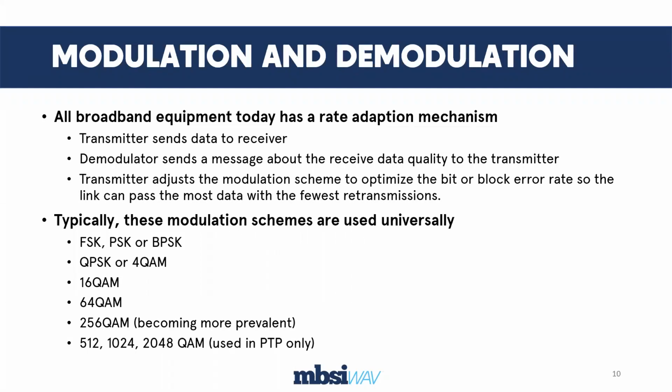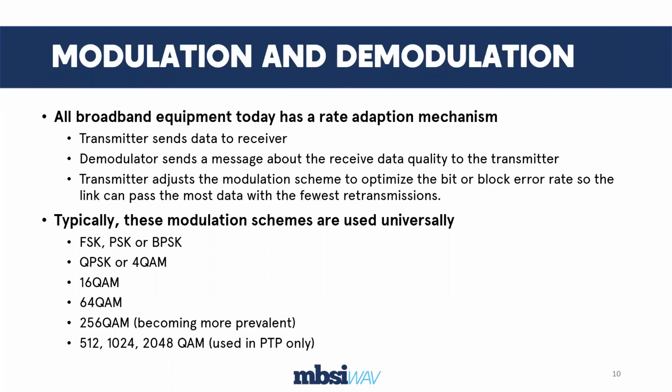Typically, though, these days we're doing what's called quadrature amplitude modulation. What this means is that we have a number of different states. For example, QPSK or 4-QAM has 4 different states that the carrier can be in.